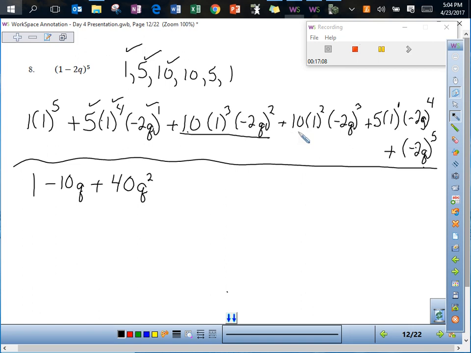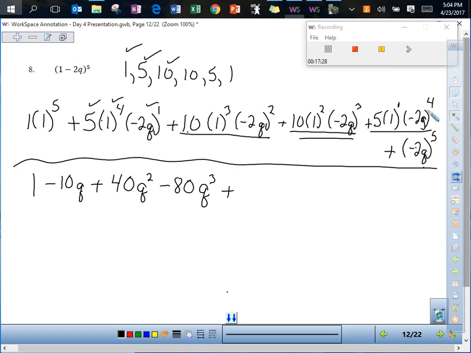Now let's go to our next term. I'm going to have a 10 times 1 times negative 2 to the third. Negative 2 cubed is negative 8 times 10. So I'm going to have negative 80q to the third plus. Now my next to last term, I'm going to have a 5 times negative 2 to the fourth.